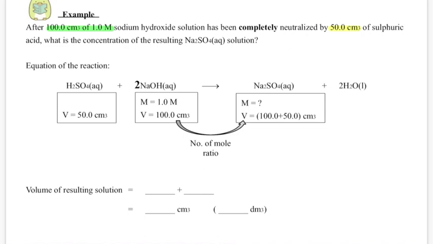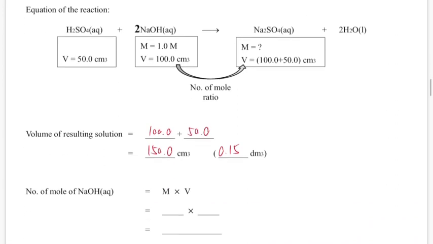So the volume of the resulting solution would just be 100 plus 50. So it would be 150 cm cube. If we do the unit conversion, then it will become 0.15 dm cube. Okay, and then the next part, we calculate the number of mole of sodium hydroxide.